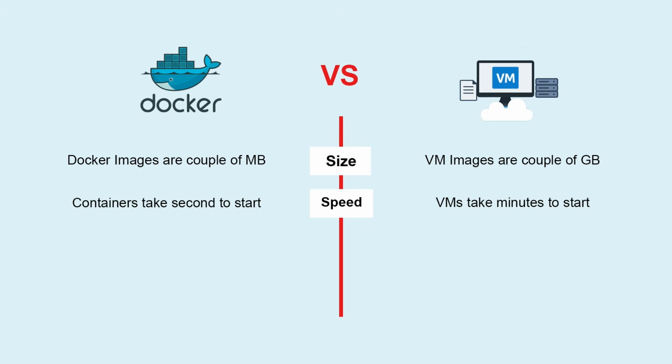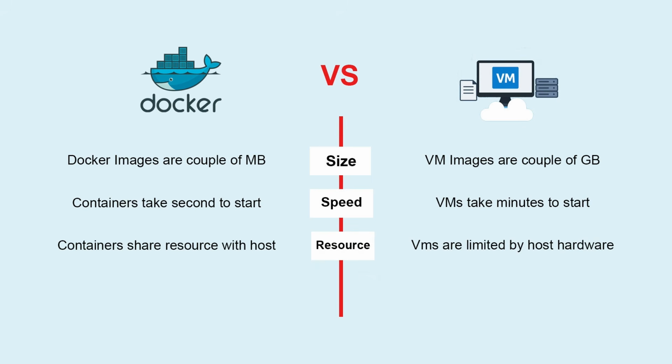Speed is another difference. When starting a virtual machine, you need to wait a minute for the operating system to boot completely. Docker doesn't need it because it uses the host kernel, so it starts almost instantly. Resources are another point.